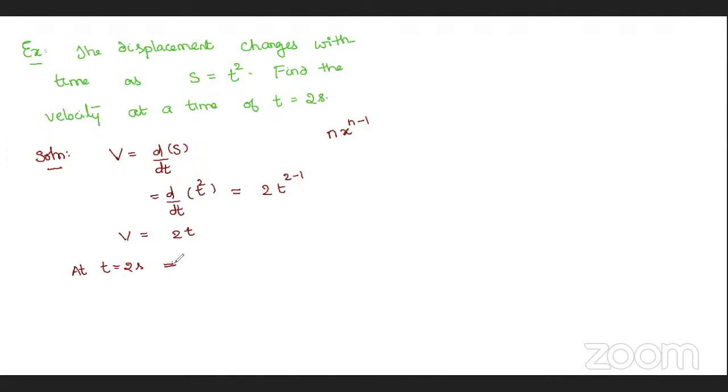That implies v is equal to 2 into 2, that is equal to 4, in the known units he gave, so I am writing meters per second. If he gives it in centimeters, we write the answer in centimeters per second.